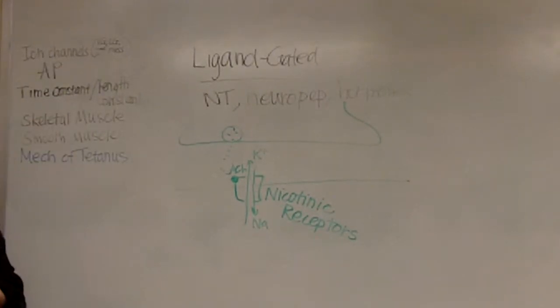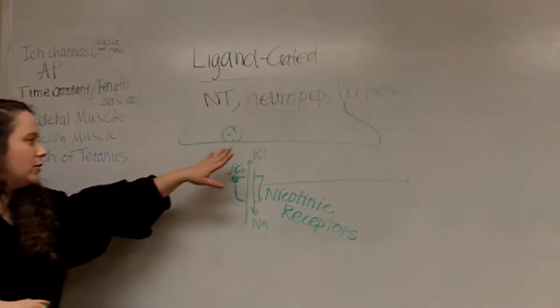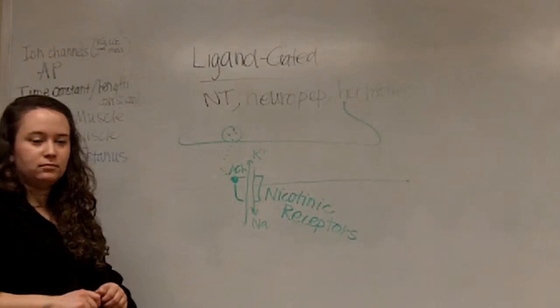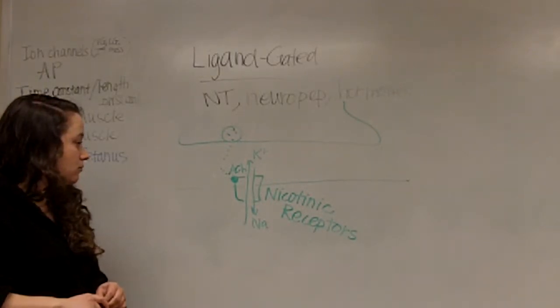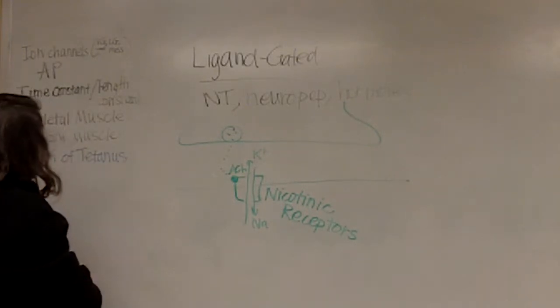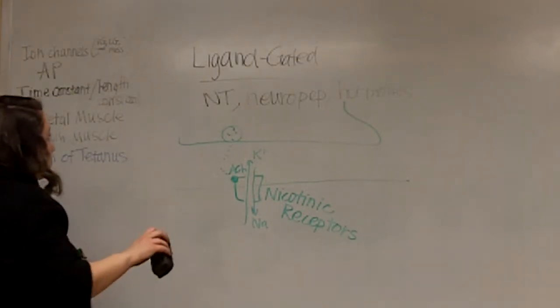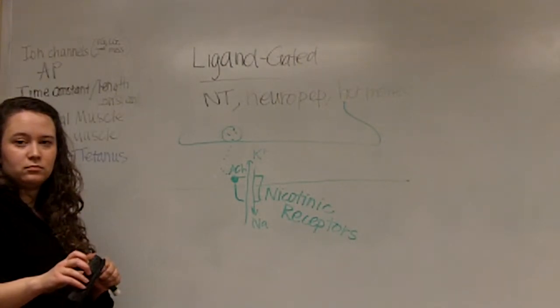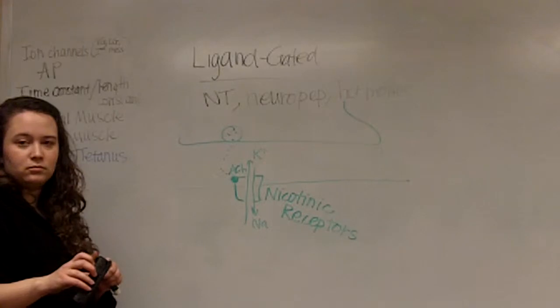So it removes all the acetylcholine, and when it does that, the channel closes, and then no more sodium coming in, potassium coming out. Okay? Any questions? No more flow of sodium potassium.